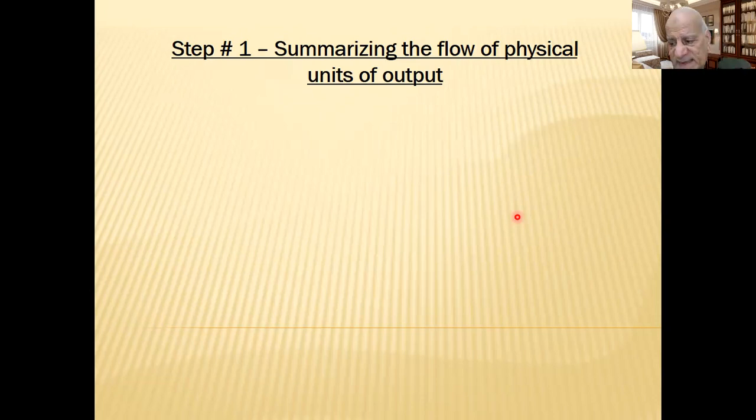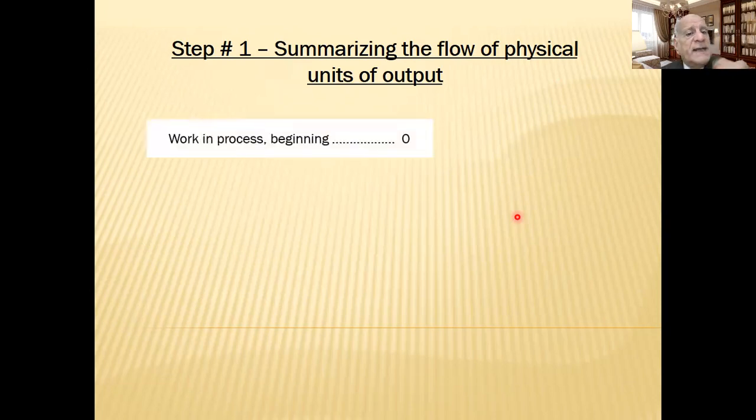To summarize the flow of units, we have to mention work in process at the beginning of the period. In the second case, which we are dealing with now, we assumed that we don't have any partial units at the beginning of the period. So we put 0.